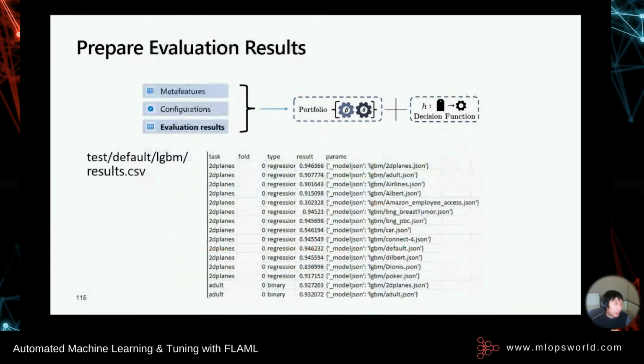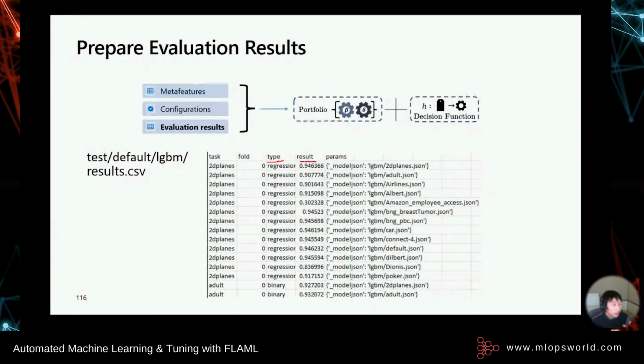Next, we need to evaluate each candidate configuration on each task. Save the evaluation results in the CSV file. For example, save the evaluation results for LightGBM under test default LightGBM results.csv. The type column indicates the type of the task, such as regression, binary, or multiclass.